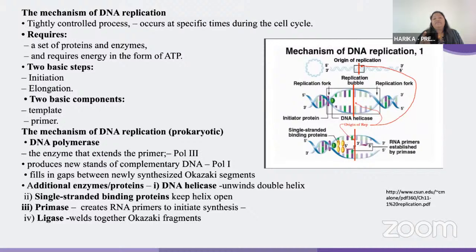It occurs at specific times during the cell cycle. As I have told you, it occurs in interphase, or you can call it the S phase of the cell cycle. So what does it need? It needs proteins and enzymes, and it also requires ATP for energy.